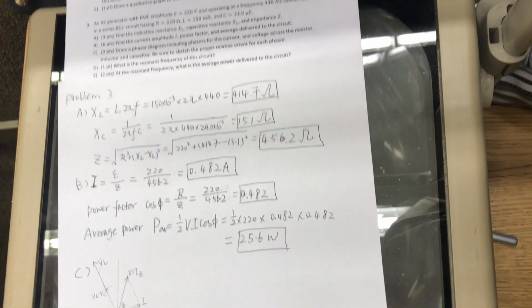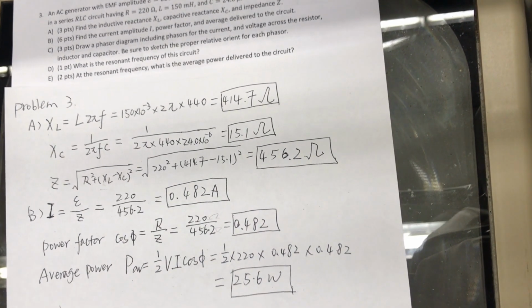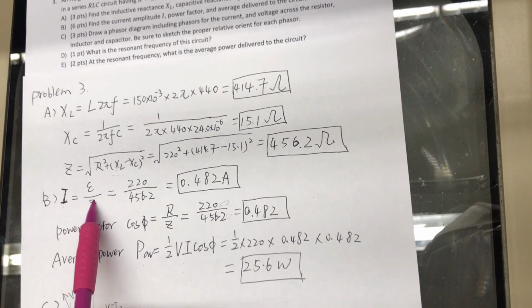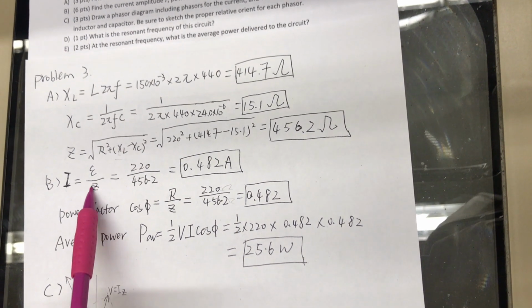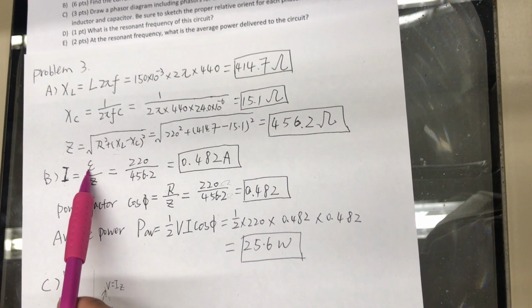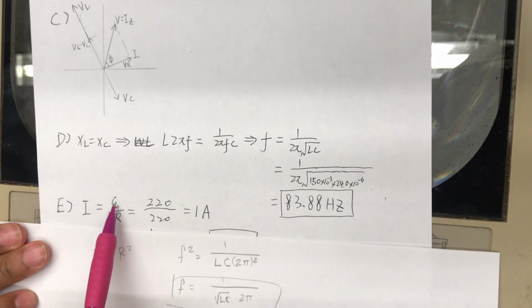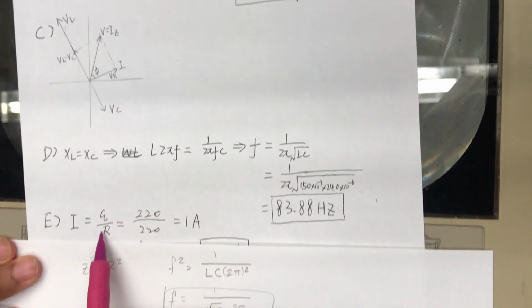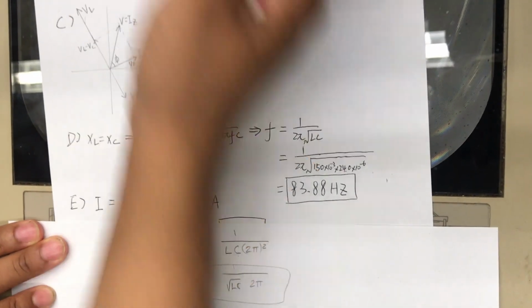Lastly, at the resonant frequency, what is the average power delivered to the circuit? Well, remember, at that frequency, Z equals R. So the current equals epsilon divided by R. We plug in, epsilon is 220 volts, divided by the resistance, 220 ohms.